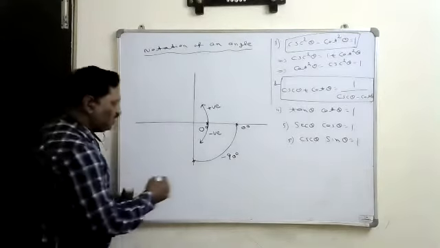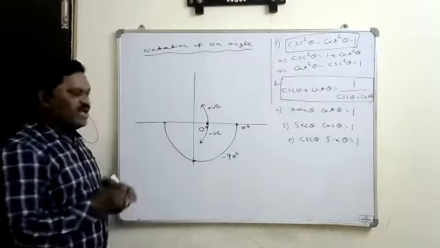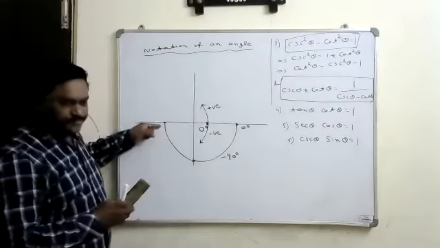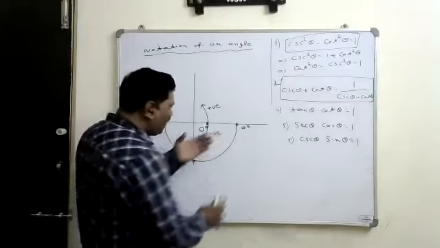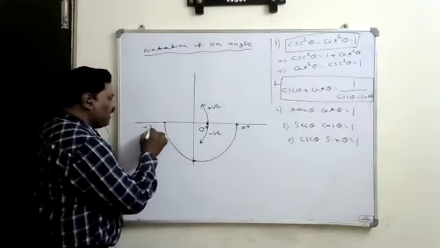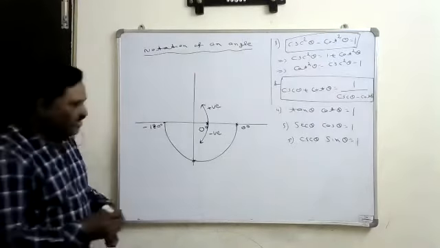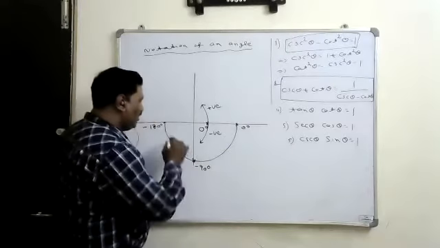Further, up to the negative x-axis, what is the total angle? 180 degrees, but in the clockwise sense, so it is minus 180 degrees. Up to here it is minus 90 degrees.